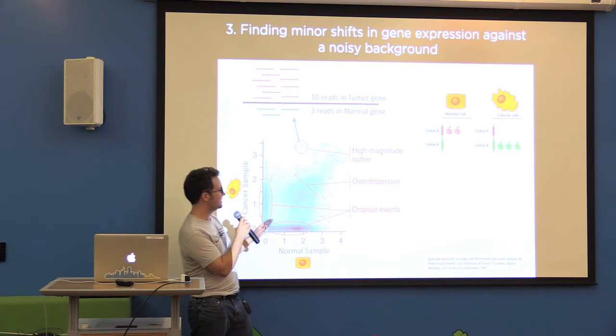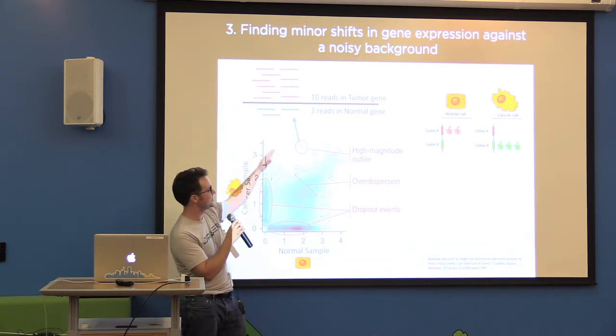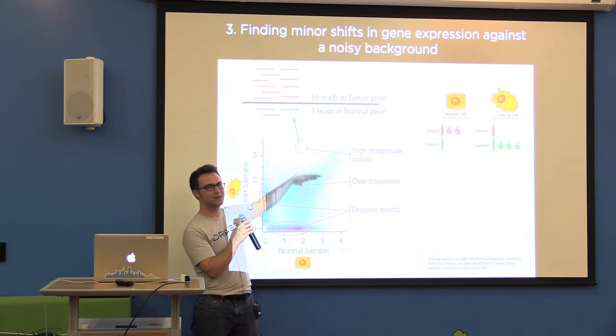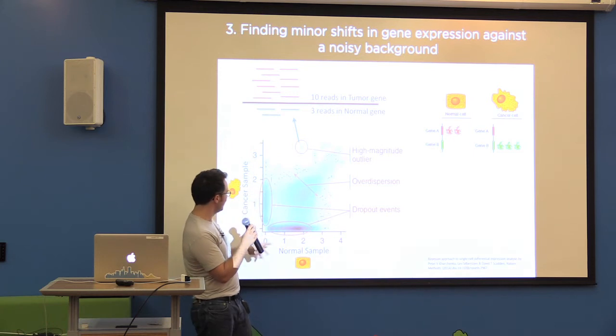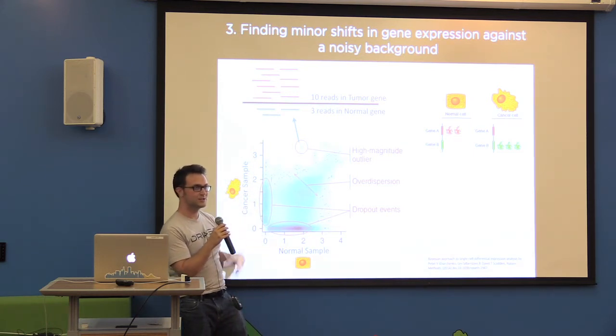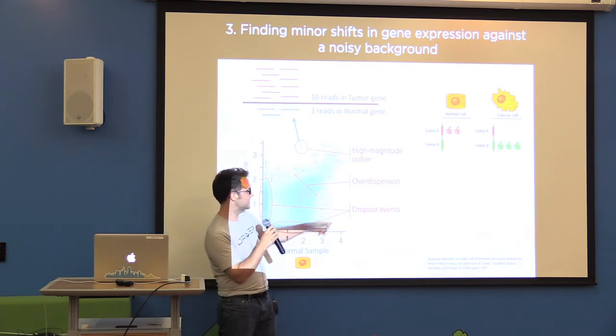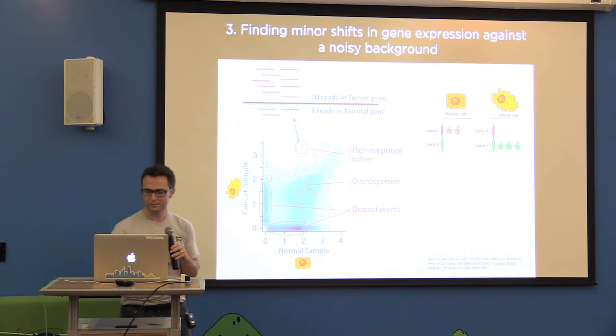If it was exactly identical, it would be on this line right here. But what we see instead are some genes that are high magnitude outliers that are really shifted, where you've got a way higher abundance in the cancer sample than you do in the normal sample. So those kinds of things are interesting, as well as these really low abundance RNAs.